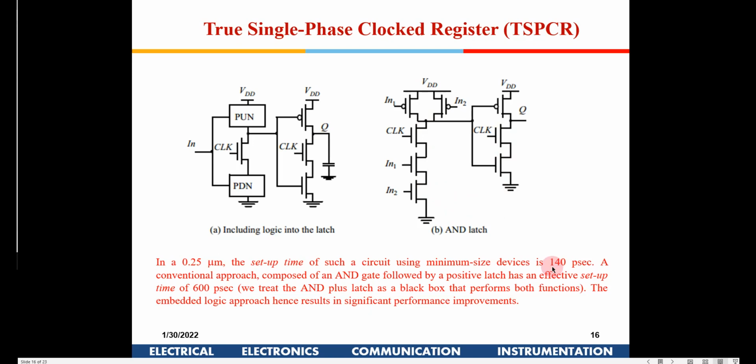The setup time observed was 140 picoseconds, whereas with a separate AND followed by a latch, 600 picoseconds was the setup time observed. This simulation result indicates that we can save on the propagation delay by incorporating logic in the register itself. Okay, and that is possible in TSPC registers.